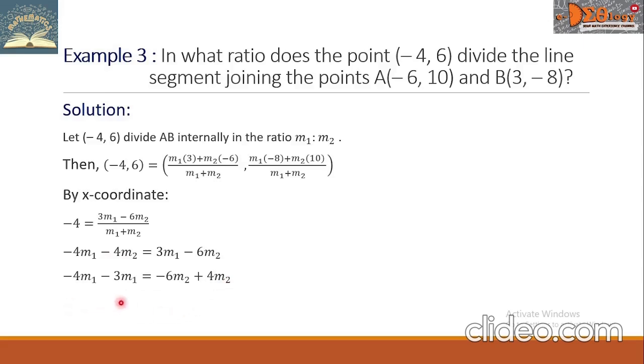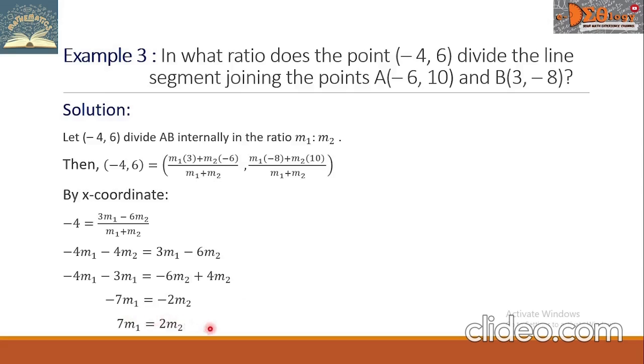When we simplify, the left side becomes negative 7 m sub 1 equals the right side negative 2 times m sub 2. Both sides are negative. We can multiply this by negative 1. So it becomes positive. So we have 7 m sub 1 equals 2 m sub 2.